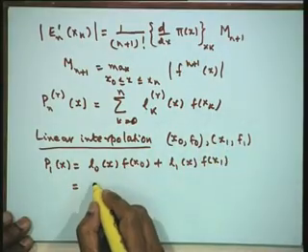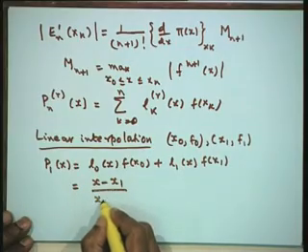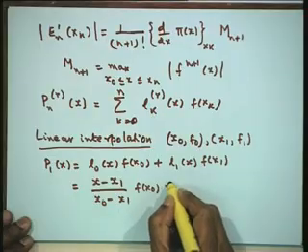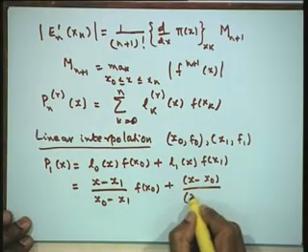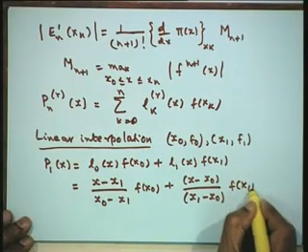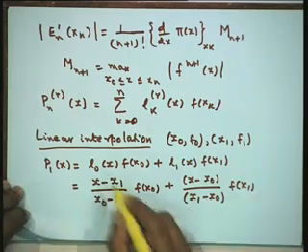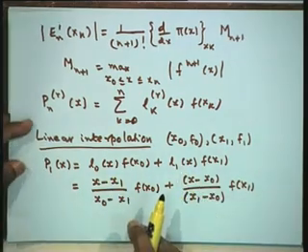So, let us write down our interpolating polynomial: x minus x 1 by x naught minus x 1 times f x naught, plus x minus x naught by x 1 minus x naught times f of x 1. This is the linear Lagrange interpolating polynomial, where we have opened up L 0 x and L 1 x and written it in a suitable form.